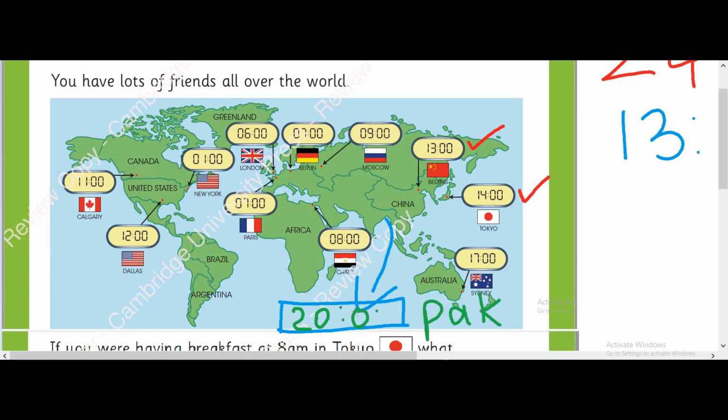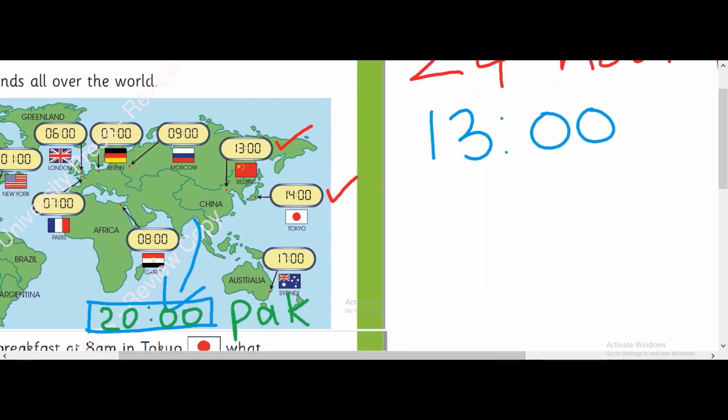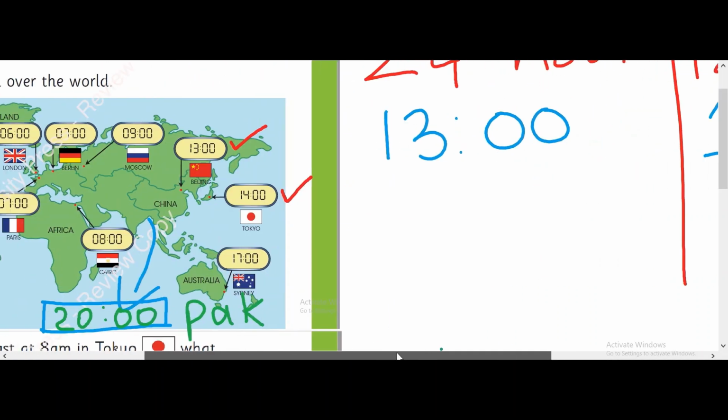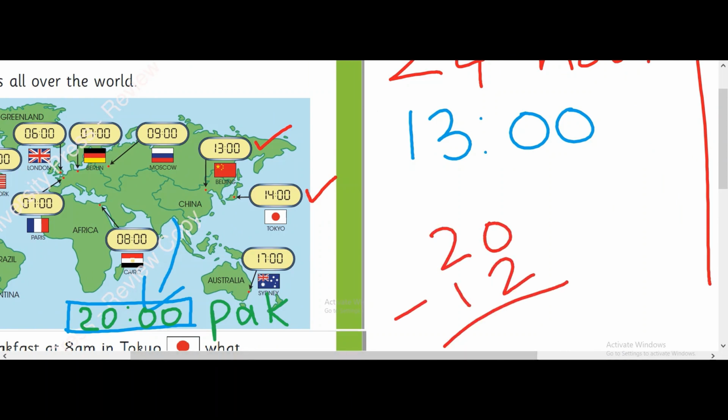ठीक है? What is 20 o'clock? क्या होता है 20 o'clock? कैसे पता चलेगा? Every time what will you do? You just need to subtract 12 from this 20 to get to know what time it is in 12-hour clock. Here I'm telling you how to convert 24-hour clock into 12-hour clock. How will we do it? 20 minus 12 will give you what? 8.